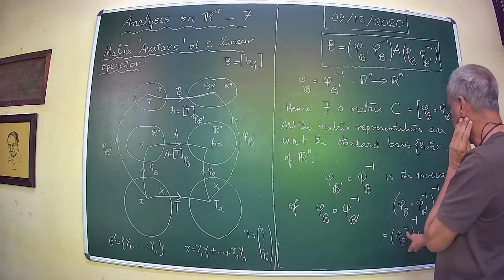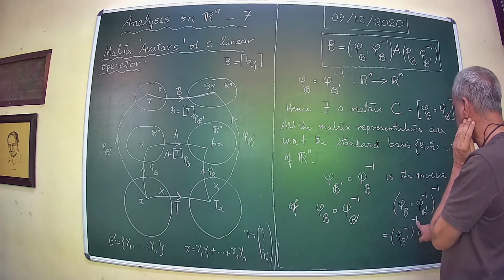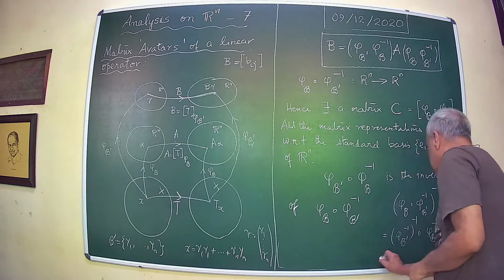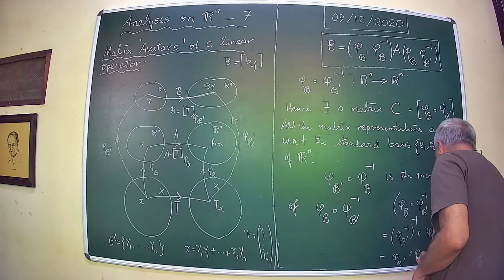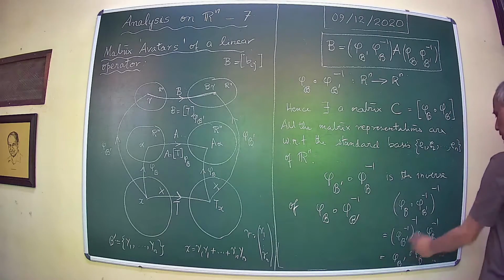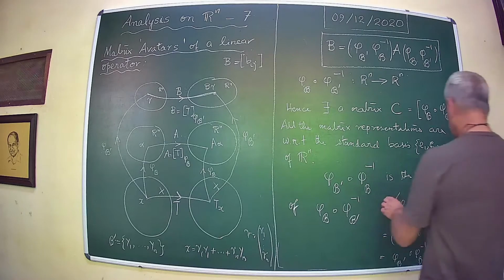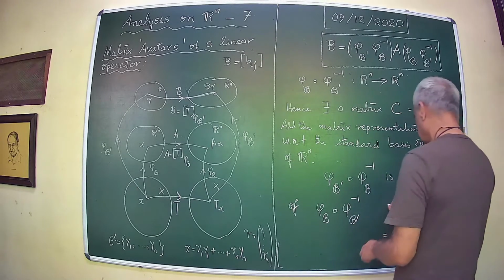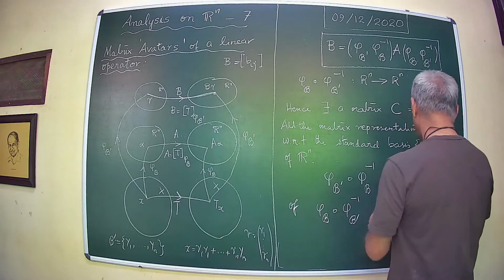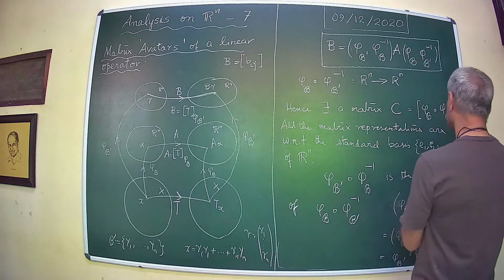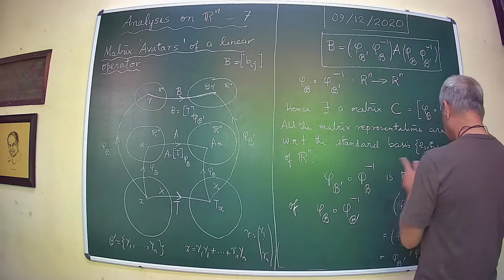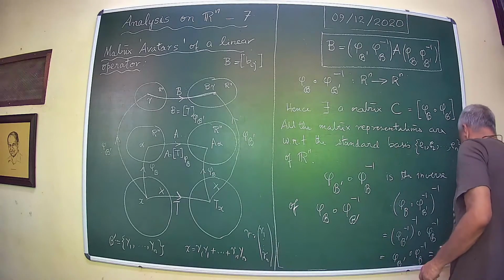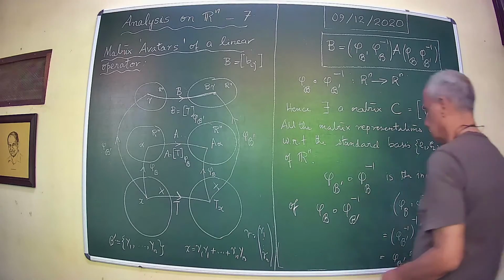But phi b prime inverse is phi b prime. So this is actually C inverse.